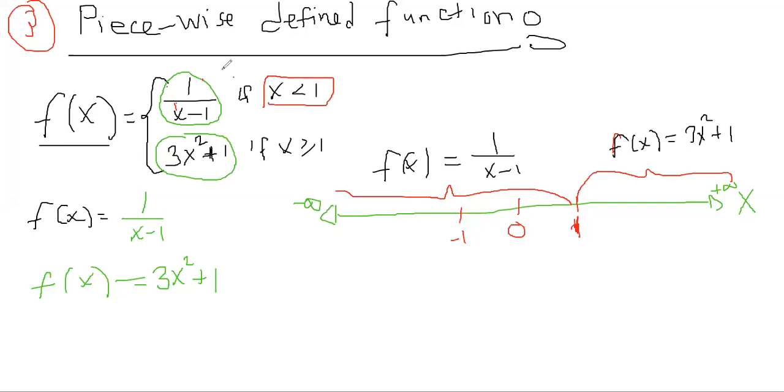One of the reasons we have piecewise functions is to make sure the function is defined. Because if x is equal to 1 here, then it will be 1 minus 1, which gives 0, and 1 divided by 0 makes the function undefined.